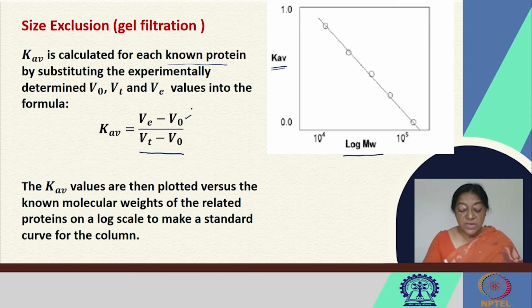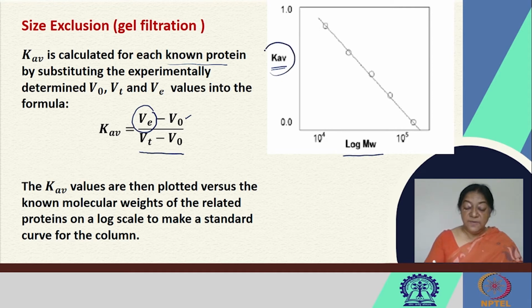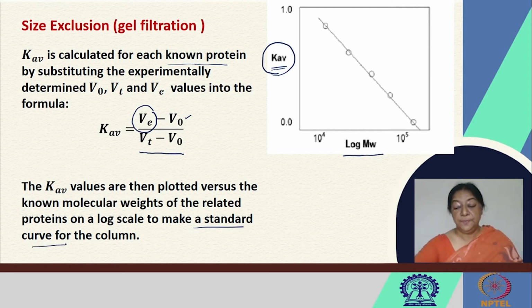We have the V0 corresponding to the column, and the elution volume for each protein in the known sample is then used to calculate KAV, plotted against log MW to give us our calibration. So we have a standard calibration curve.